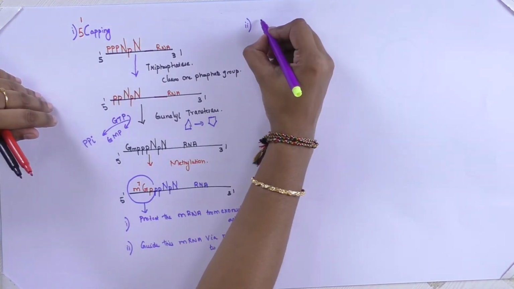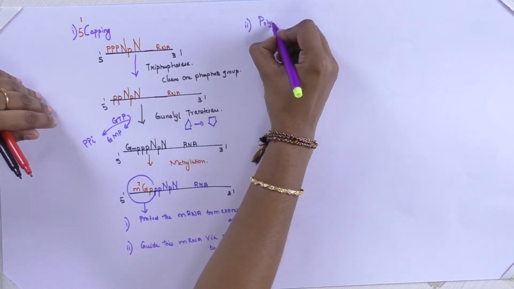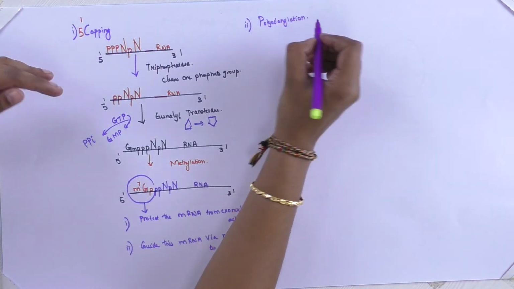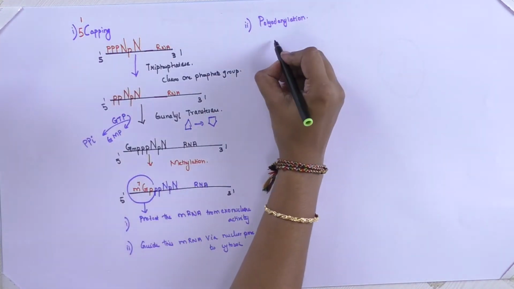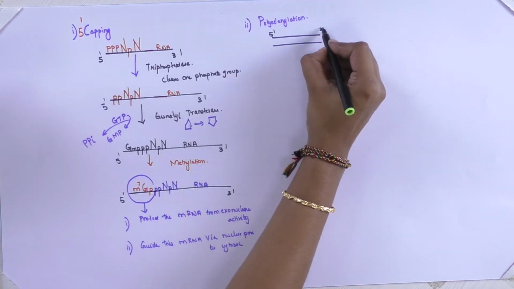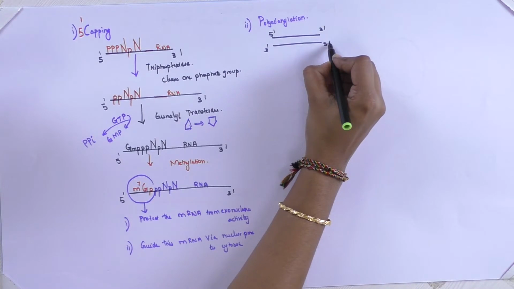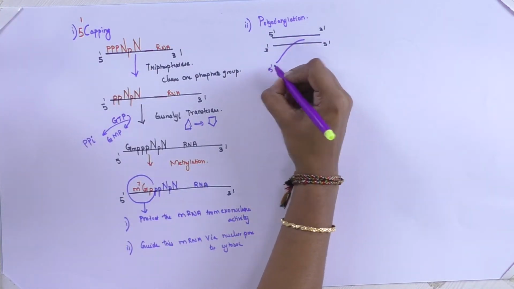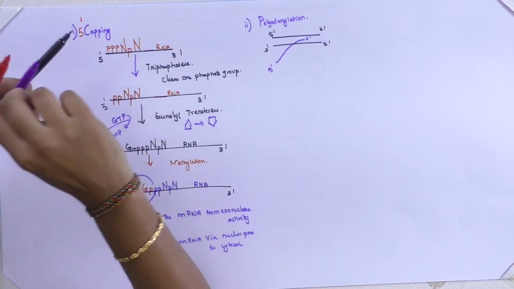Now we're going to go into the second process, known as polyadenylation. So if you take a DNA template, your RNA is synthesized in the 5' to 3' direction.